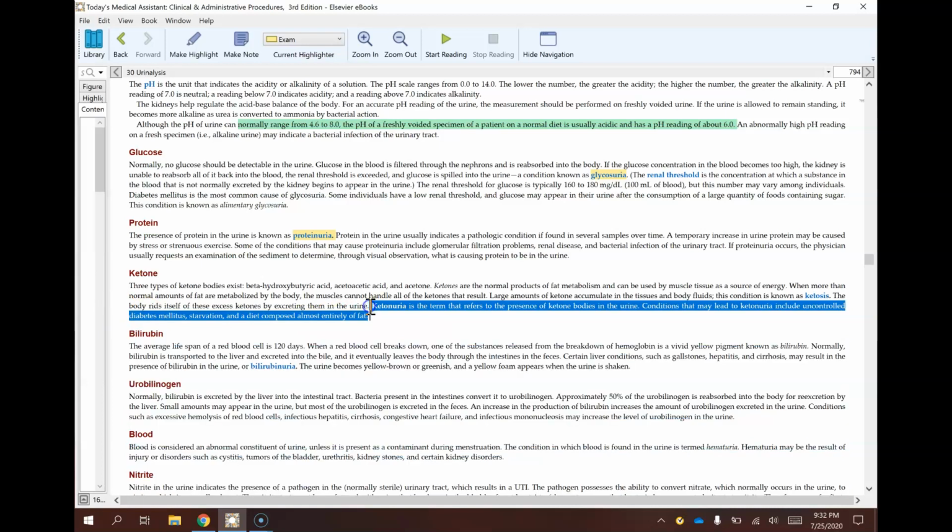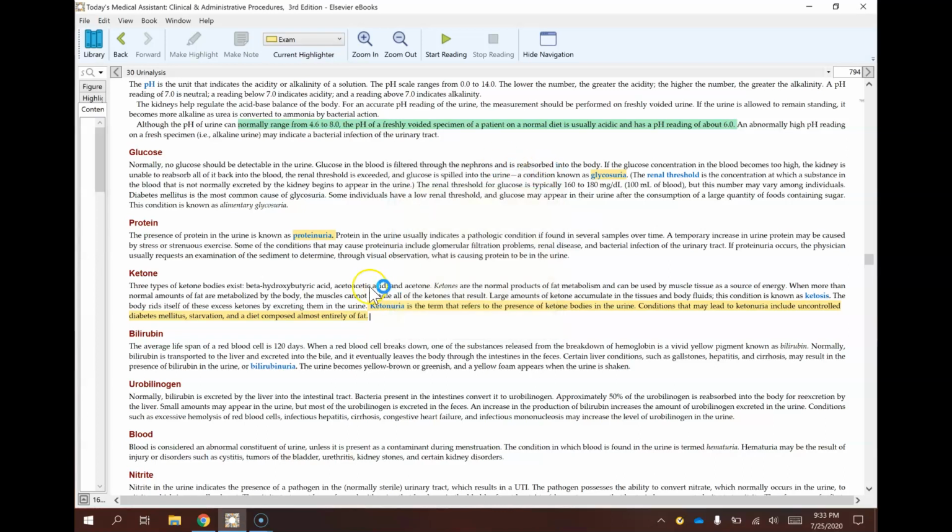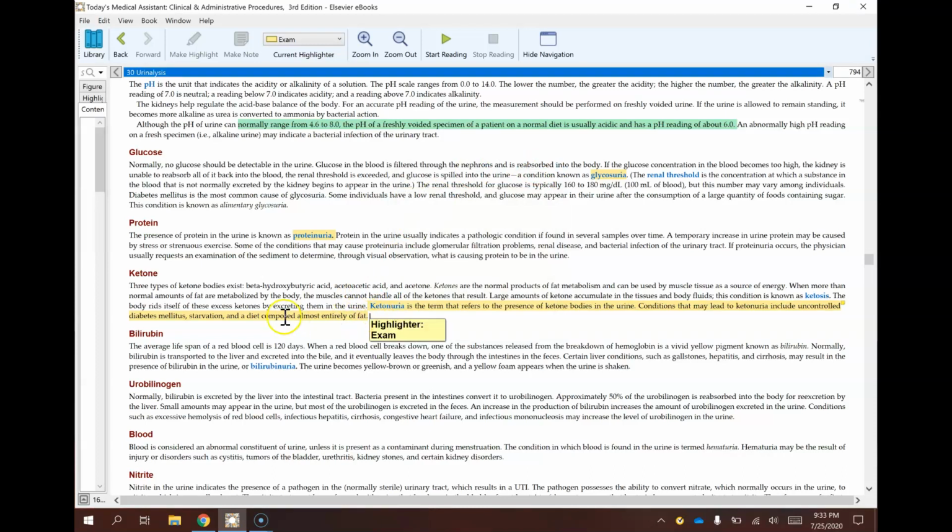I'll show it to you. There we go. So make a note. I'm going to put keto diet with an exclamation point. Okay, and then I'm going to put that there. The next time you open your chapter 30, you're going to have that little note pop up.